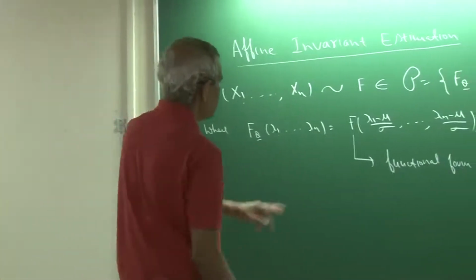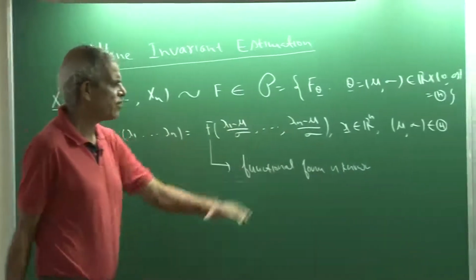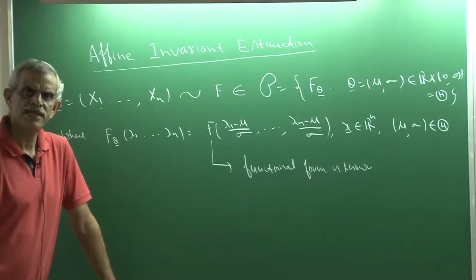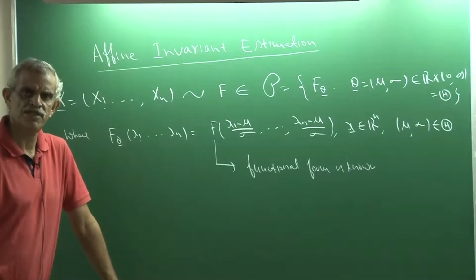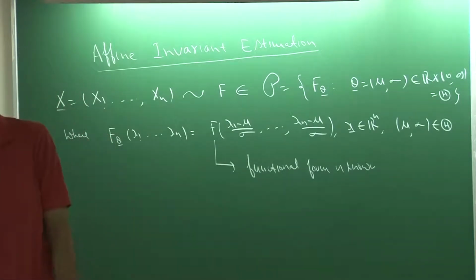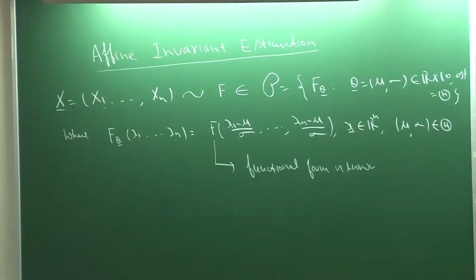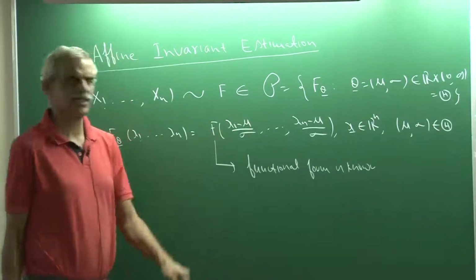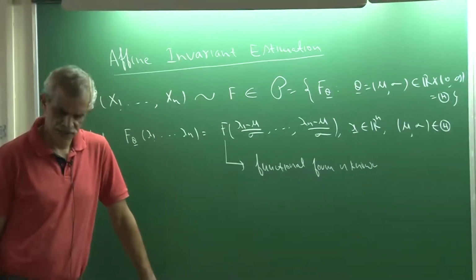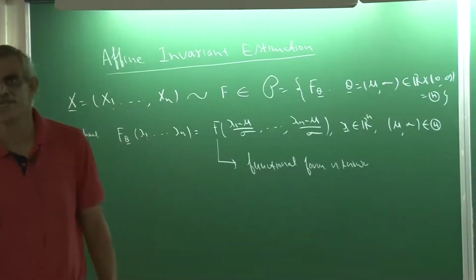We saw that if sigma is equal to 1, it was a location family, and the appropriate transformation was G_c of x, which was x1 plus c, x2 plus c, ..., xn plus c. If mu were 0 and it was only x1 upon sigma, ..., xn by sigma, then the appropriate group of transformations was G_b of x, which is bx1, bx2, ..., bxn.